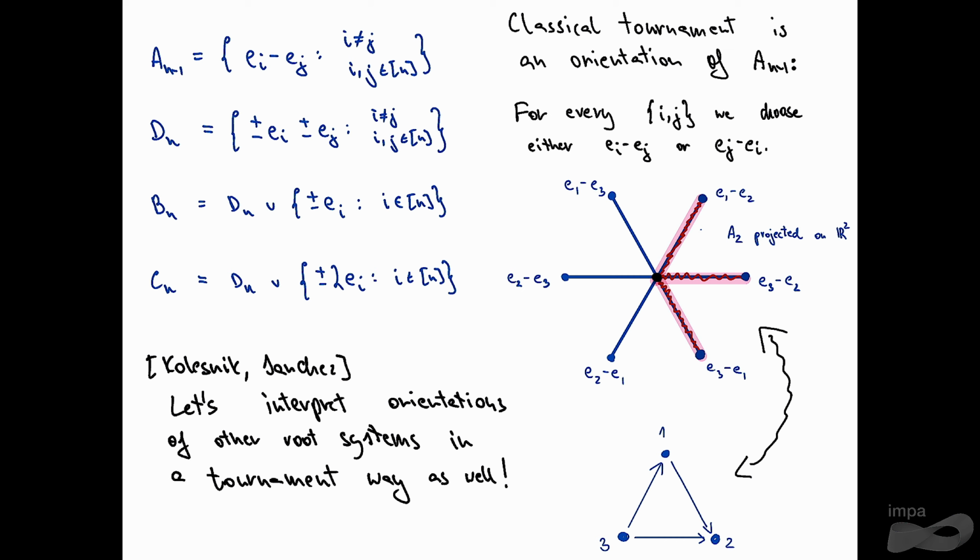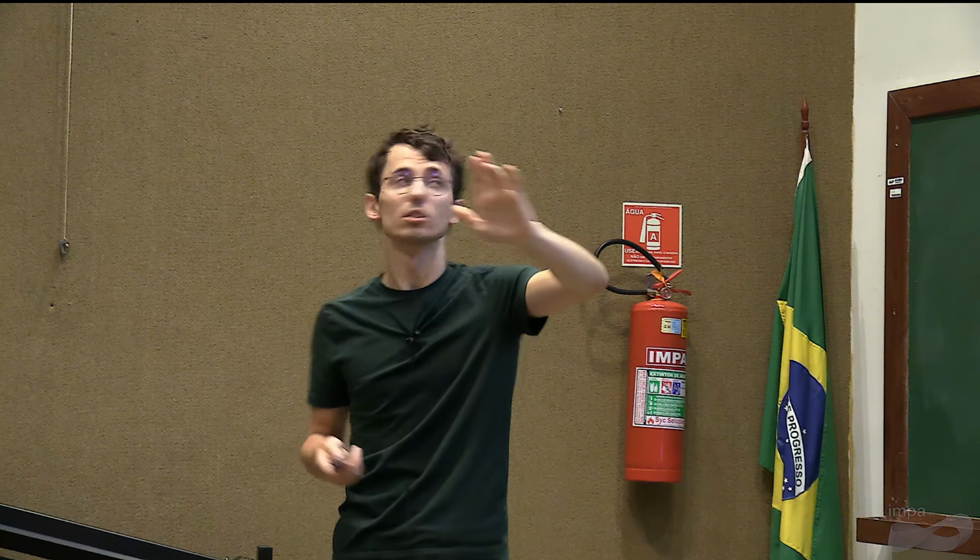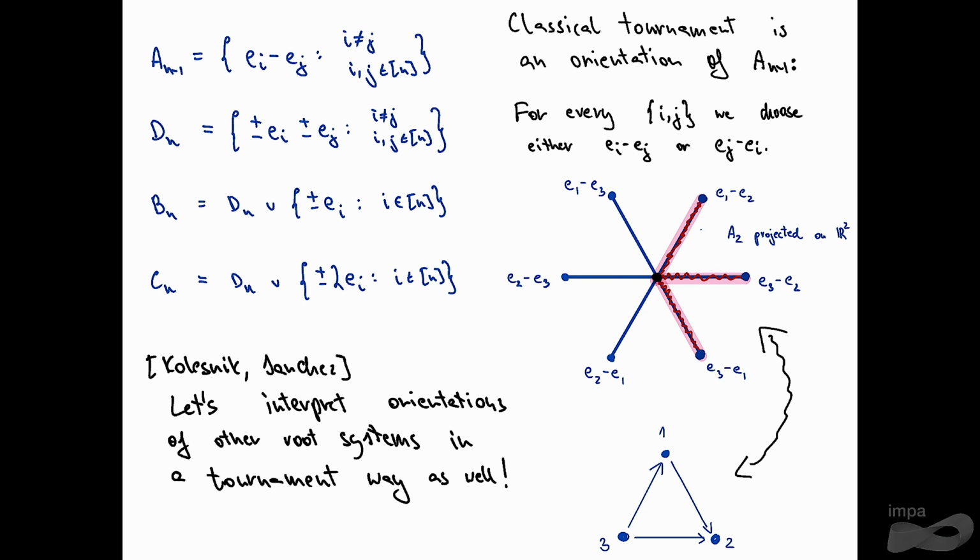And what you get are exactly the tournaments of types D, B, and C. In D I get 2 pluses or 2 minuses, which corresponds to both winning or both losing. In B you also get these plus-minus e_i, which are the solitary games. And in C you get 2e_i, which correspond to the loop games.